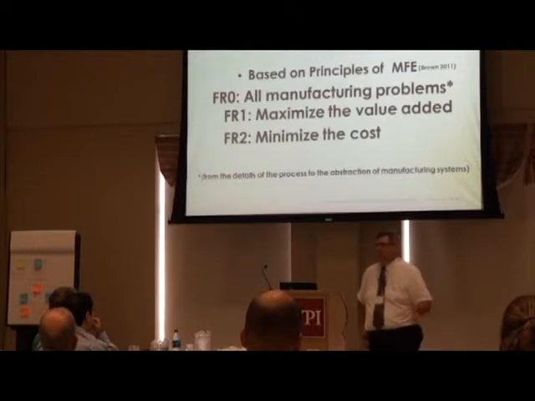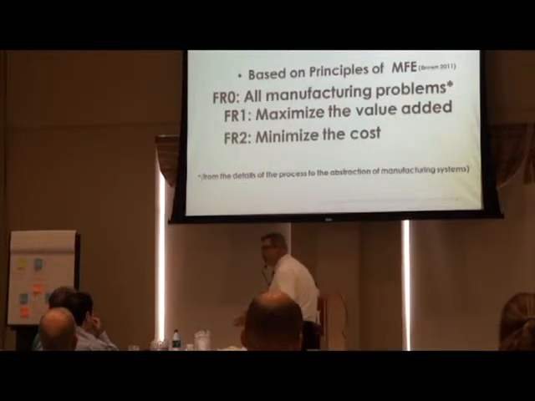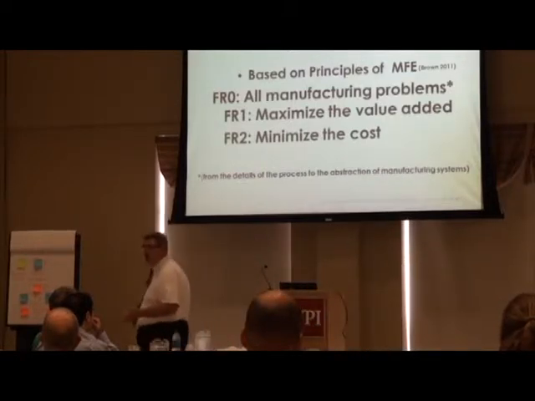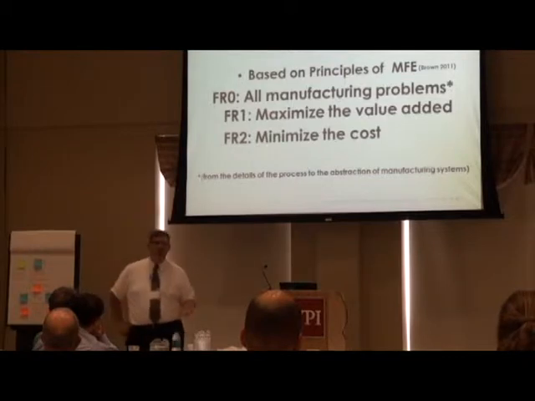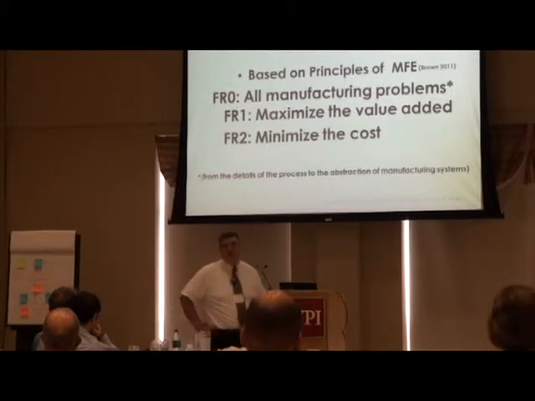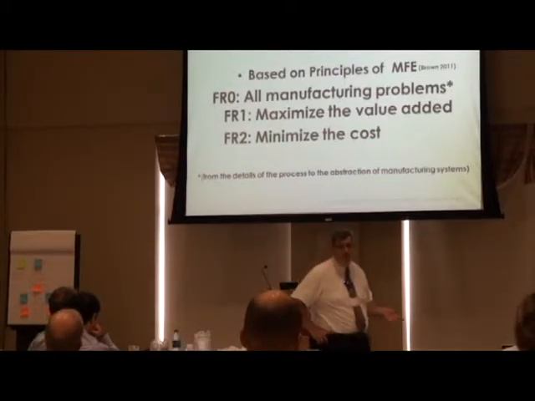So I'm thinking that for any manufacturing problem you have, those are probably the 2 top level FRs. I don't know, and we would all love to hear from somebody that has ideas that would be counter to that, because it would be important.